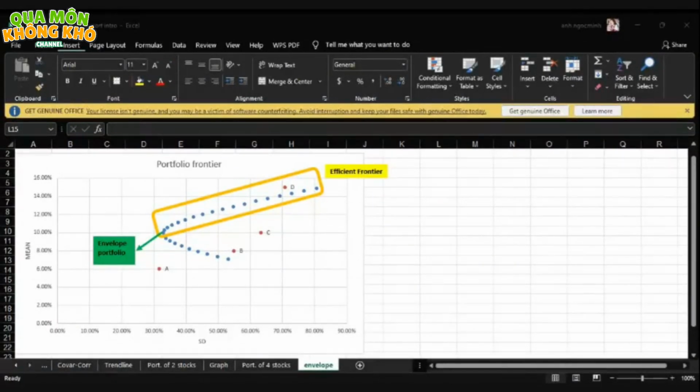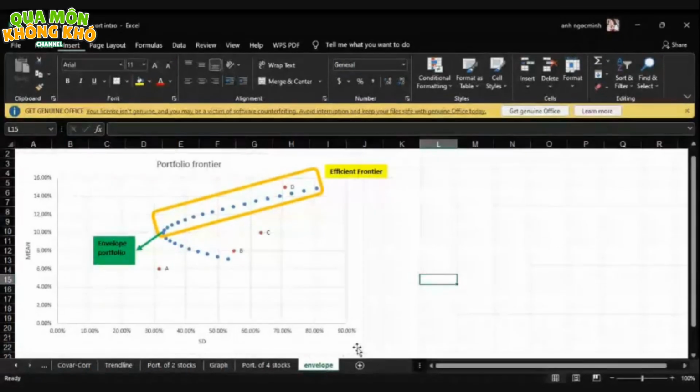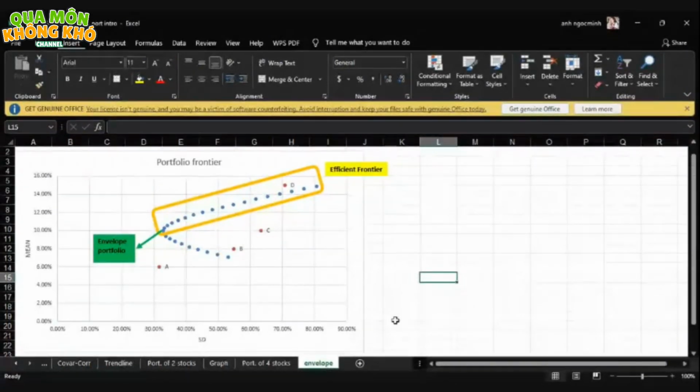Okay, just hold a second here. I want you to distinguish the envelope and the efficient frontier. You can see the envelope is the curve.